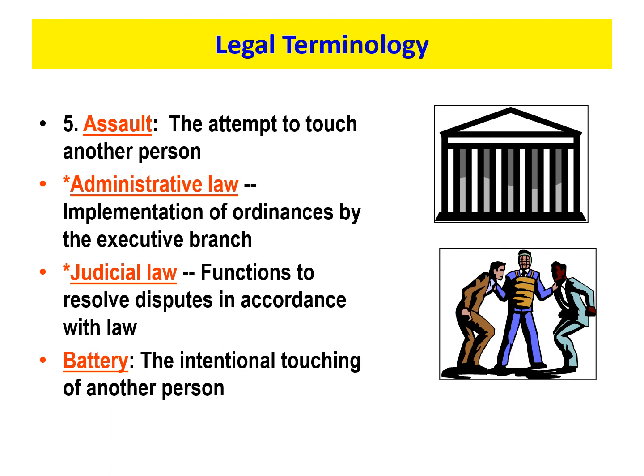Judicial law functions to resolve disputes in accordance with the law. So in other words, you go to court and you have a dispute, and the judicial law is to take that law and be able to apply it to whatever situation is being heard in their court. A battery is the intentional touching of another person.